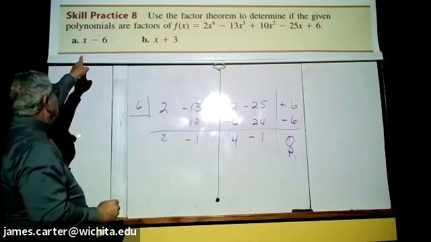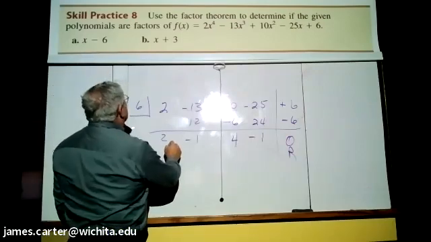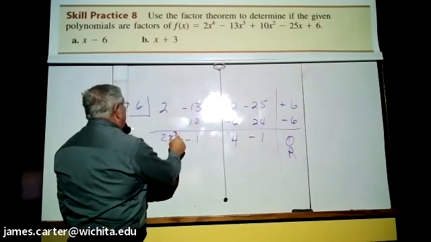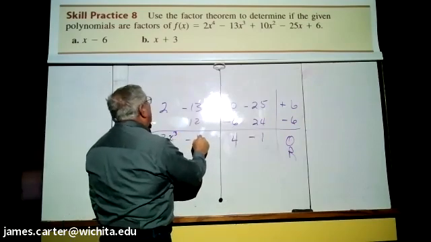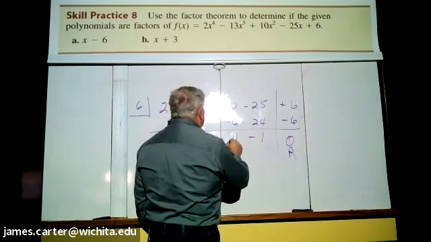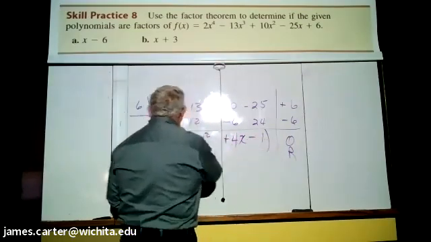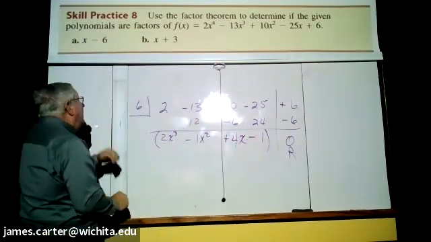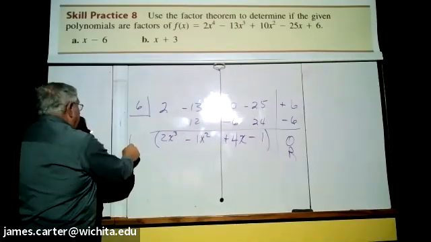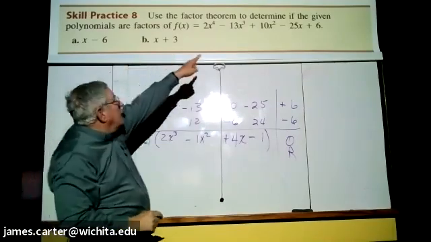So what that's saying is that this is a perfect factor of that. And this equation is now 2x to the third minus 1x to the second plus 4x minus 1. Okay. So what we've done is successfully this times that will equal that up there.